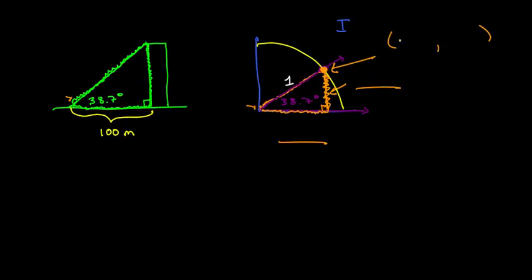Its x value is the cosine of 38.7, and its y value is the sine of 38.7. So I'm just going to take my calculator, make sure that I'm in degrees, because that's what I'm working in right now, and I'm going to first find the cosine of 38.7. So that gives me 0.78, and I'm going to round this, okay?